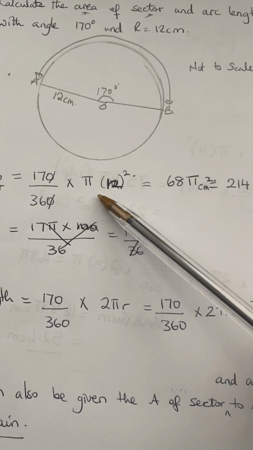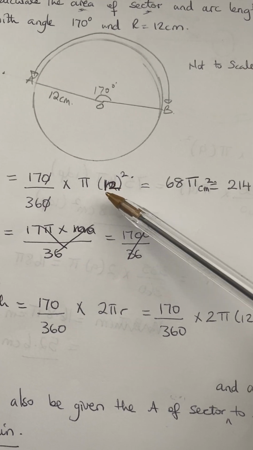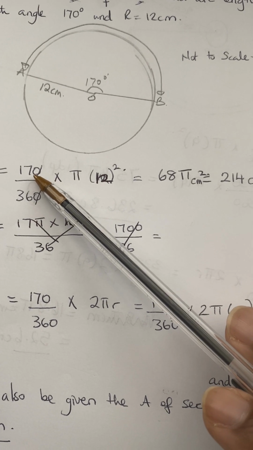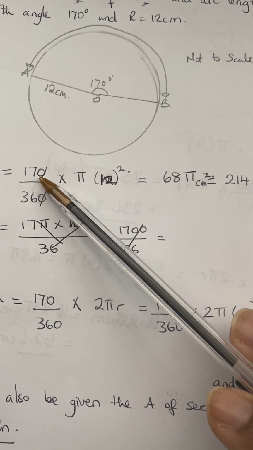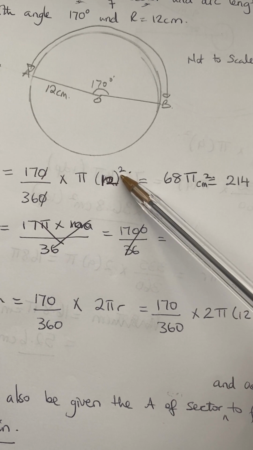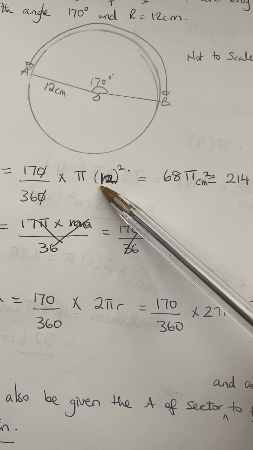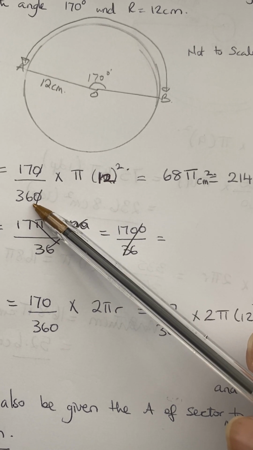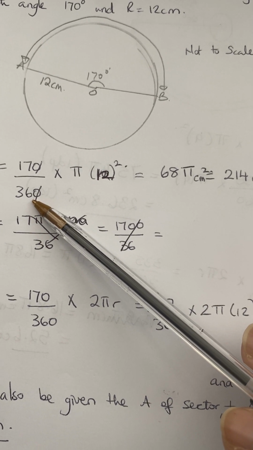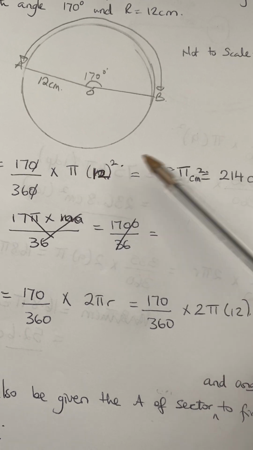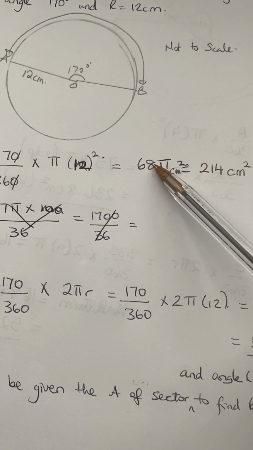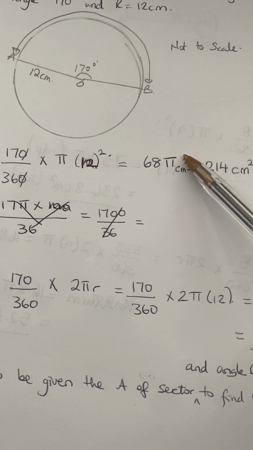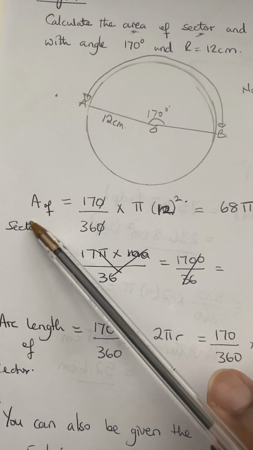Okay, but use your calculator here. So on your calculator, you can do 170. 12 squared is 144, and then you add pi, divide by 360. Okay, so when you do that, you get 68 pi centimeters squared, because it's an area.